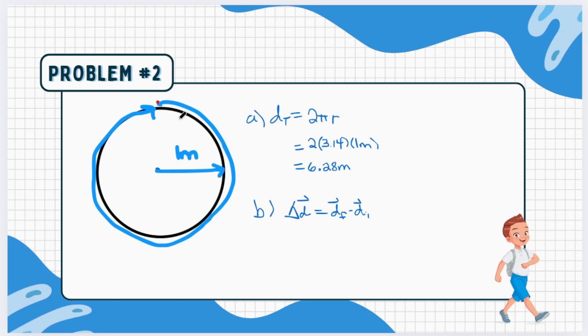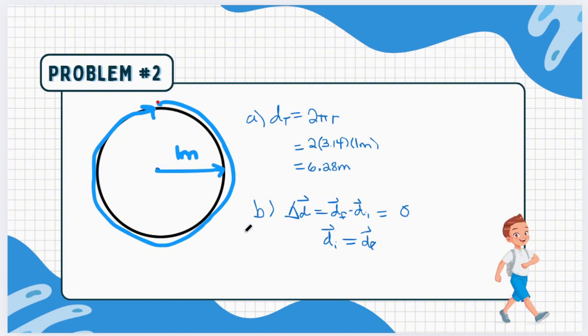Kasi umikot siya ng buo, diba? So, therefore, the initial position is equal to the final position. And that gives us a value of 0 for the displacement. So you see, class, whenever an object goes back to its original position, then the displacement is equal to 0.